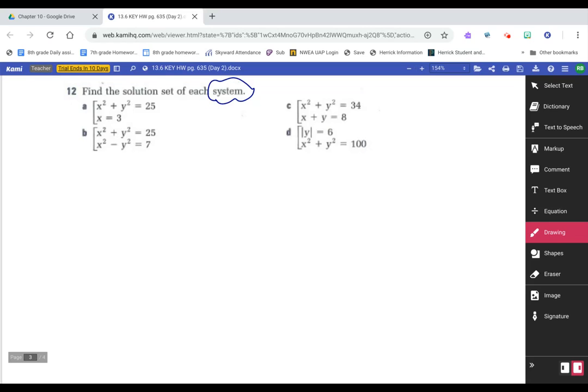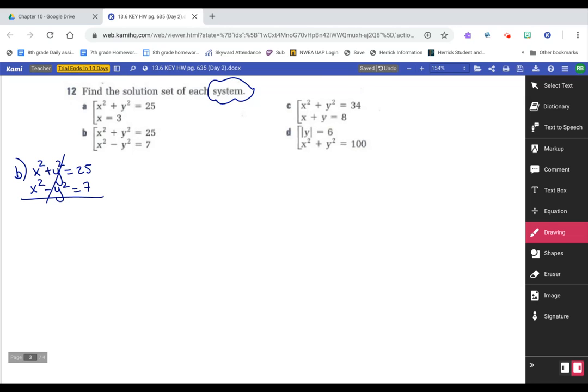All right, so let's start with letter B. x² + y² = 25. x² - y² = 7. We want to try to either substitute or eliminate one of the variables so we can solve. This is set up nicely that I can eliminate the y squareds. So if I end up adding these two lines, this goes away.